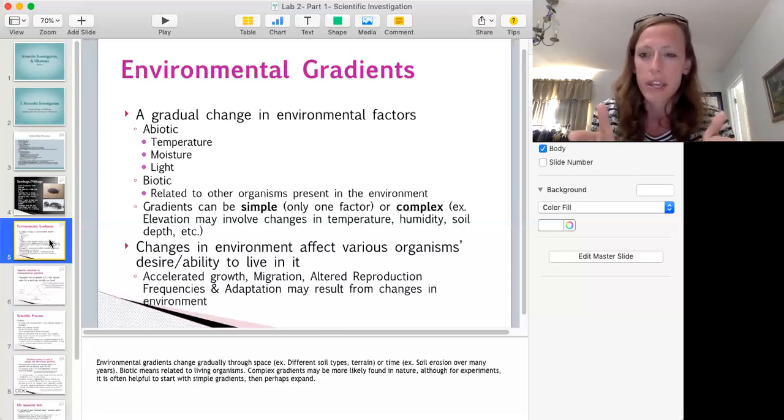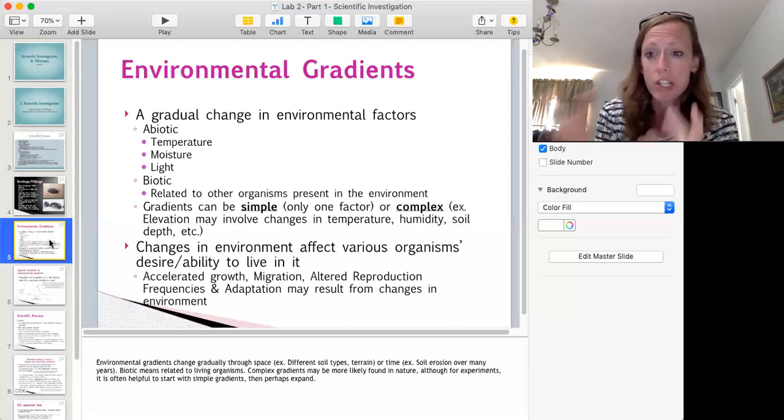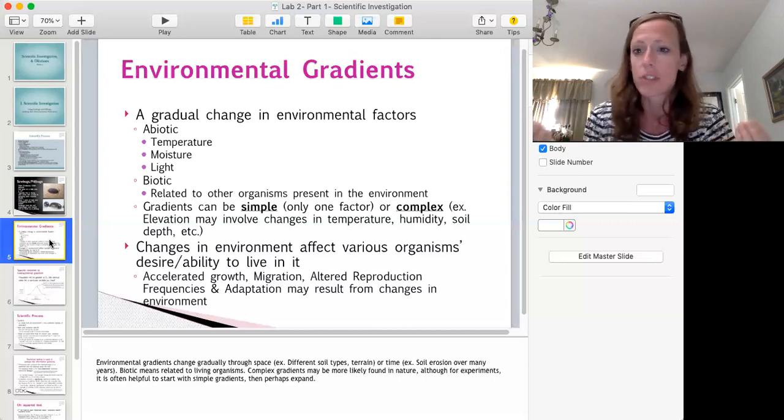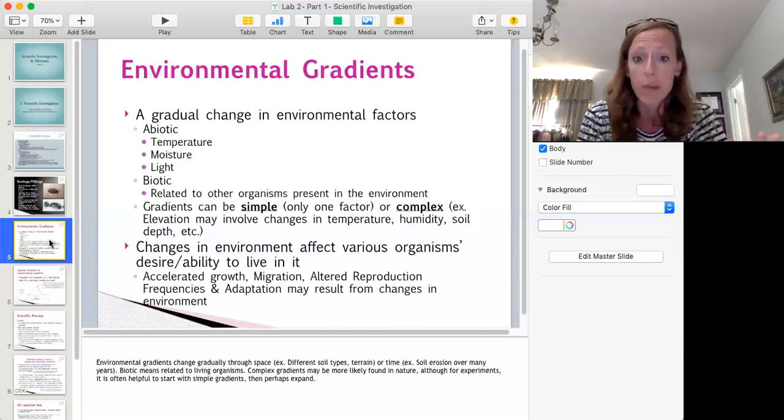We're obviously going to keep it relatively short for the lab this week, but if you were doing it long term, you could look at how much they grow, how much migration takes place, how much reproduction takes place in each of these environments, because obviously if it's a more fitting environment for whatever organism you're looking at, they're probably going to grow, they're going to migrate more to that area, they're going to reproduce more, and their offspring will be more viable.